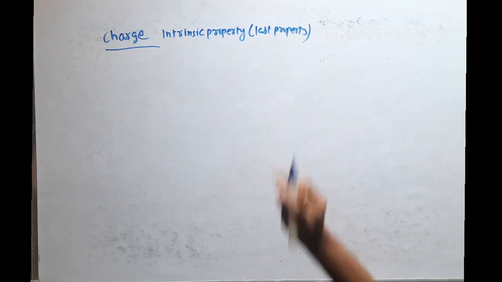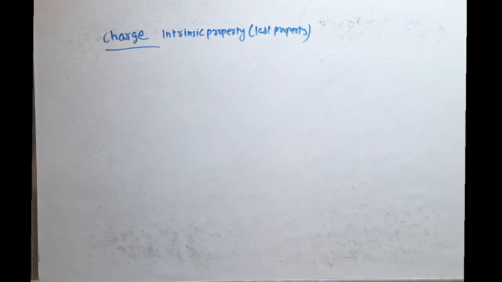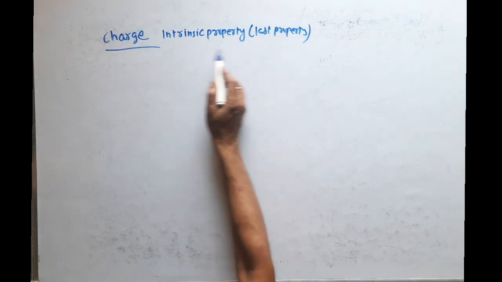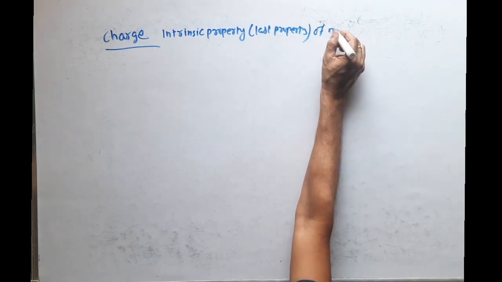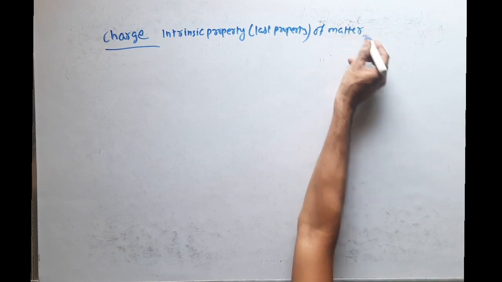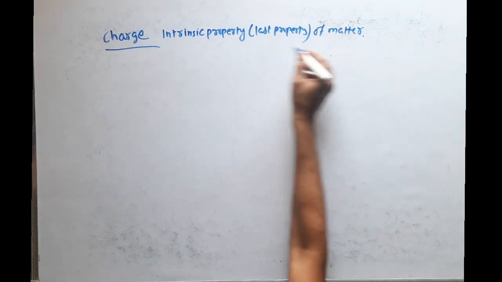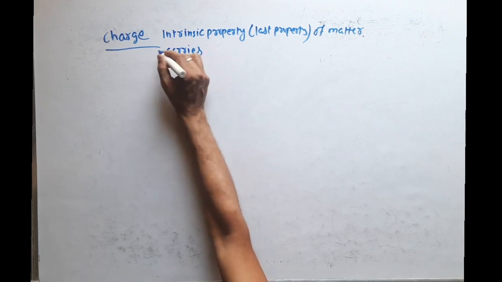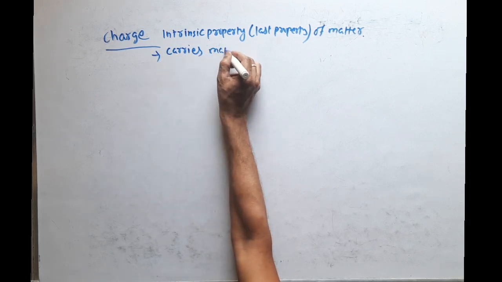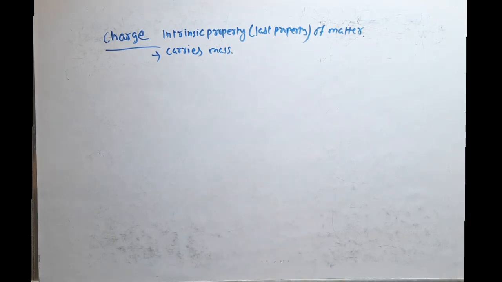Suppose you take a body. What is the intrinsic property of the body? That is mass. Similarly, charge is also an intrinsic property of matter. And charge always carries mass. Okay.